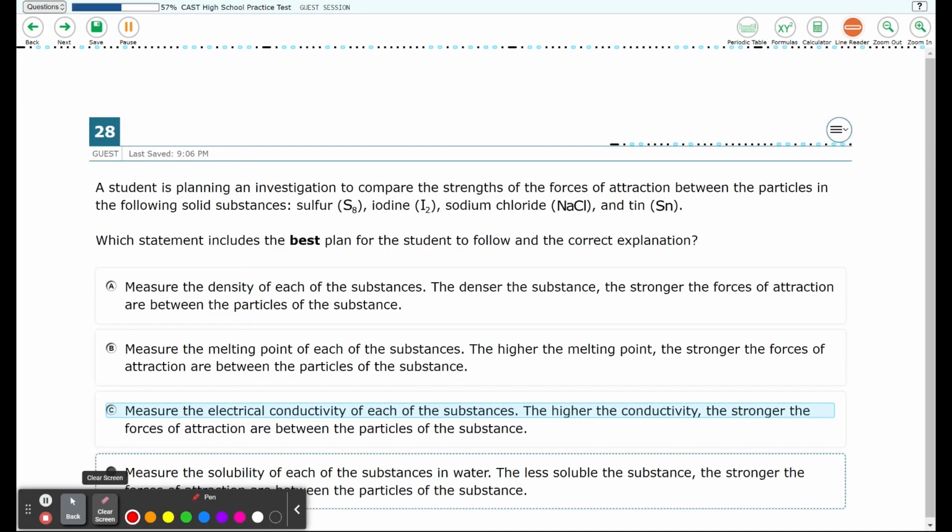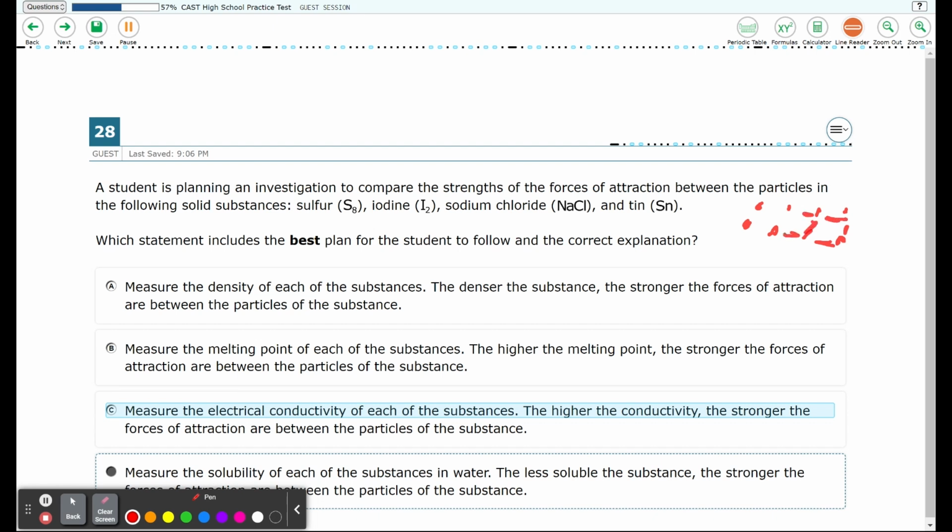All right, so as we take a look at that, we're asked about how strongly these particles are attached to each other. Well, in a solid, the particles are bonded to each other, and that makes them so they can't move around.